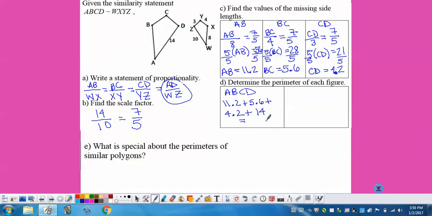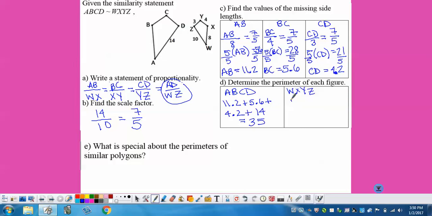And that gives us a total of 35. Then for WXYZ, we'll add up the 4 that we were given.